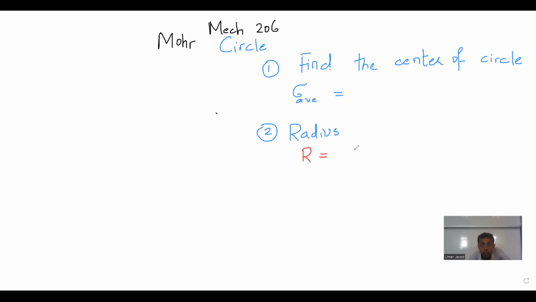The radius R is given as the square root of ((stress X minus stress Y) over 2) squared plus tau xy squared, and the average stress is (stress X minus stress Y) divided by 2.